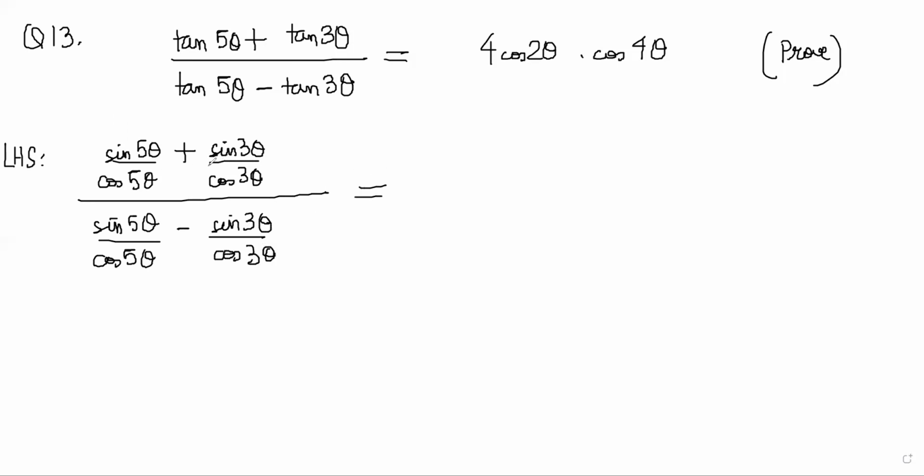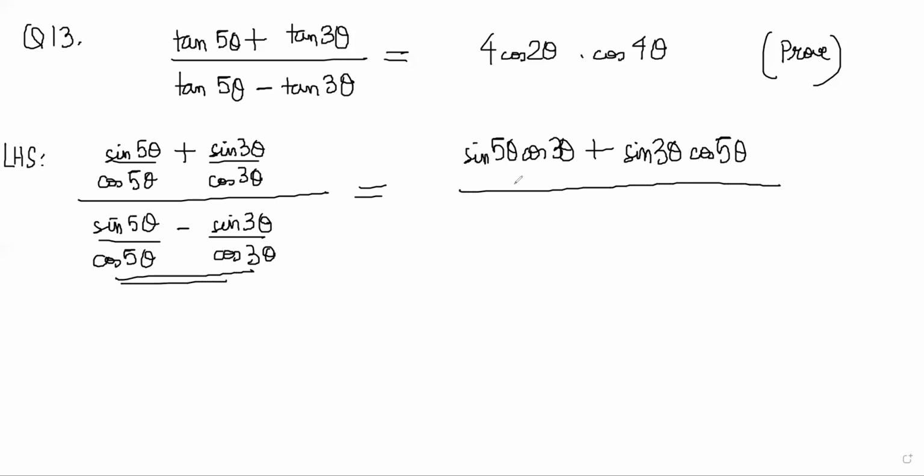So now taking common denominator and simply adding, on top you get sine 5 theta cos 3 theta plus sine 3 theta cos 5 theta divided by cos, right? And notice the denominator also has a cos. So I will cancel them eventually, so I will not even write them. Okay. So what I get in the denominator is sine 5 theta cos 3 theta minus cos 5 theta sine 3 theta, right?